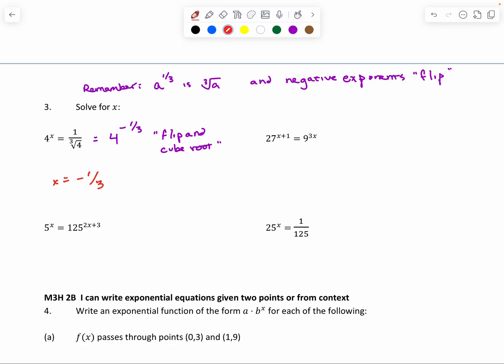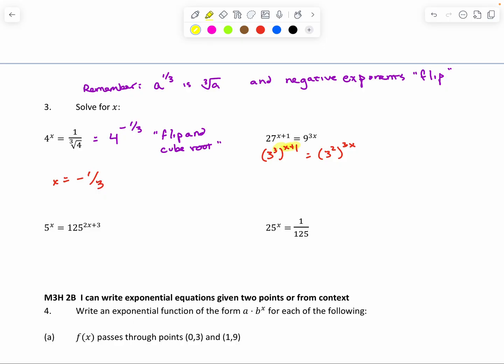Common base for this would be 3. 27 is 3 cubed. 9 is 3 squared. I always do this as a separate step, write it down so that you don't screw up the arithmetic. That would be embarrassing.